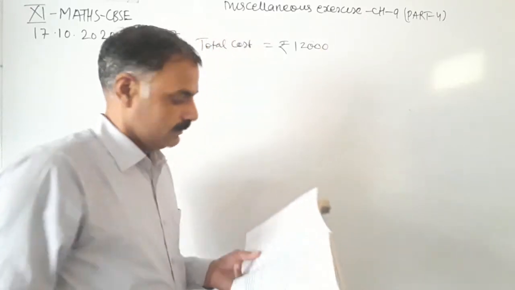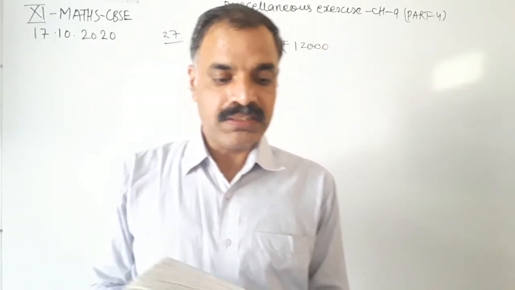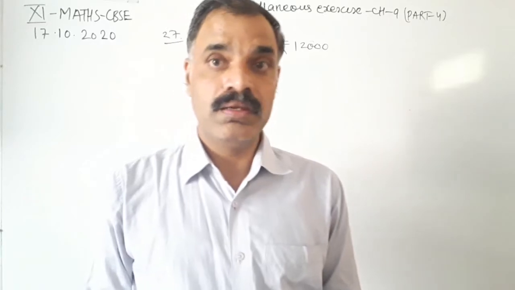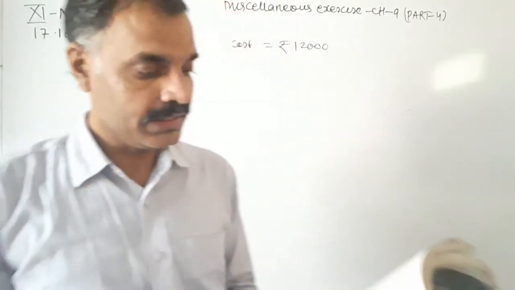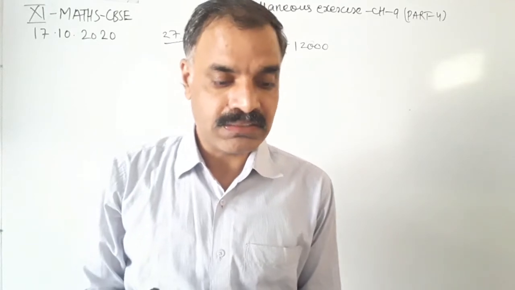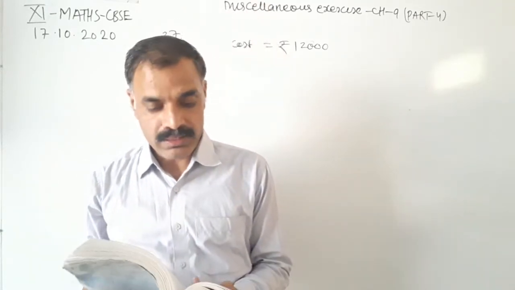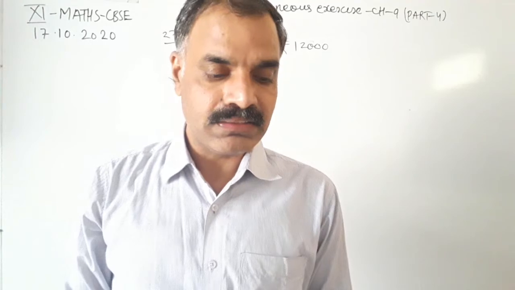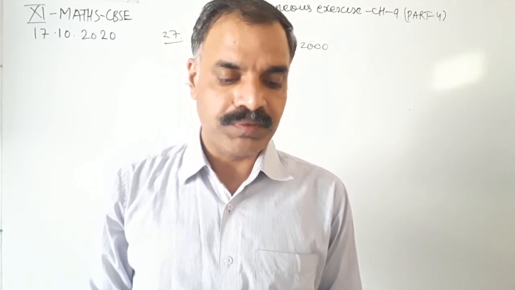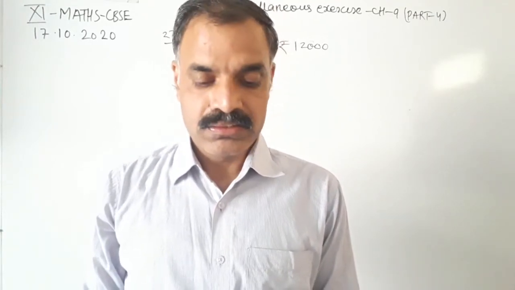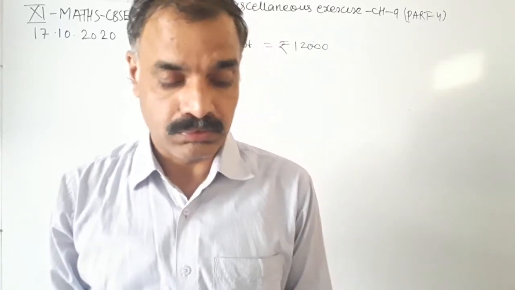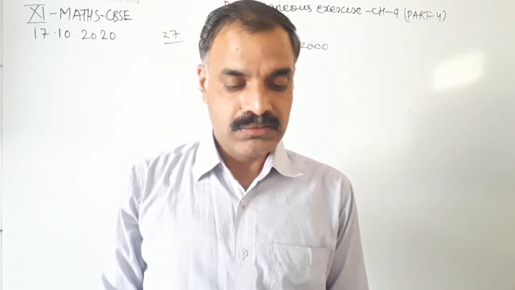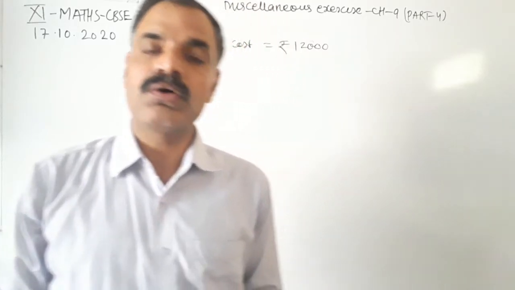He pays rupees 6,000 cash and agrees to pay the balance in annual installments of rupees 500 plus 12% interest on the unpaid amount. How much will the tractor cost him?